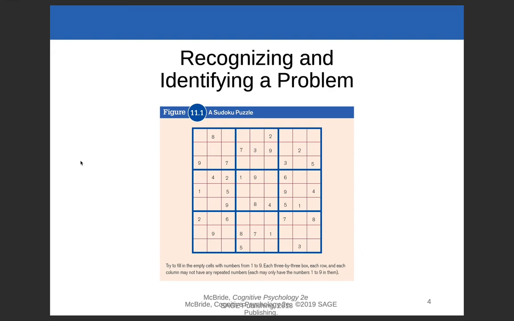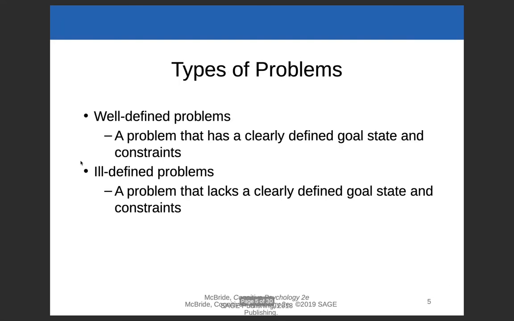It's a very well-defined problem, when you know where to start and how to finish. Problems like Sudoku, or problems that you get as homework in calculus or algebra, are well-defined problems. Problems that have clearly defined goal states and constraints. So the rules are well known. The end goal is well known.